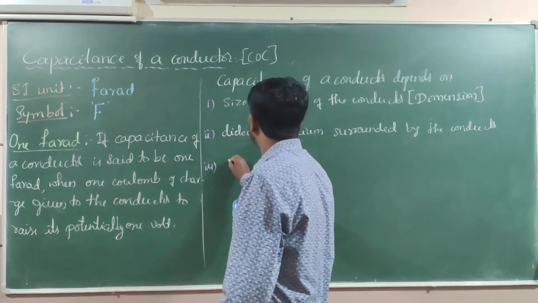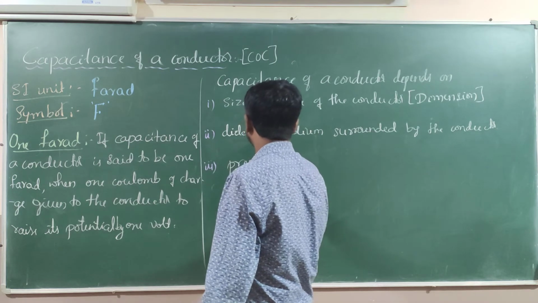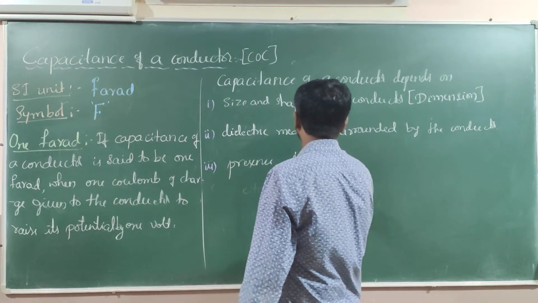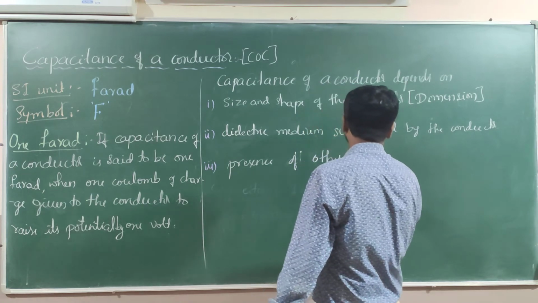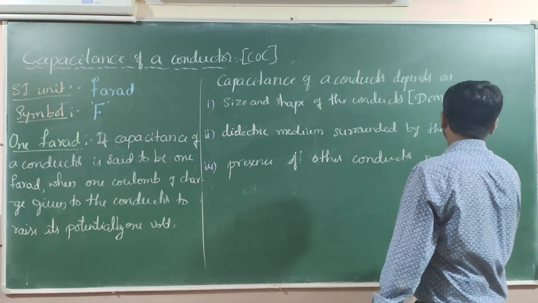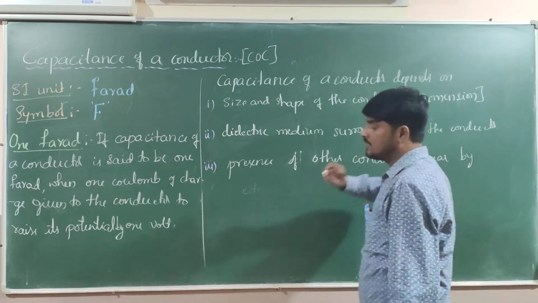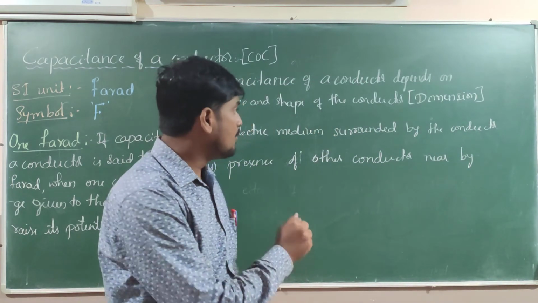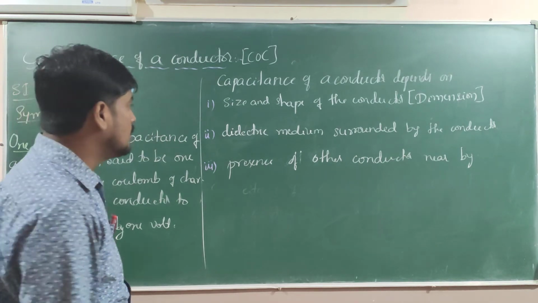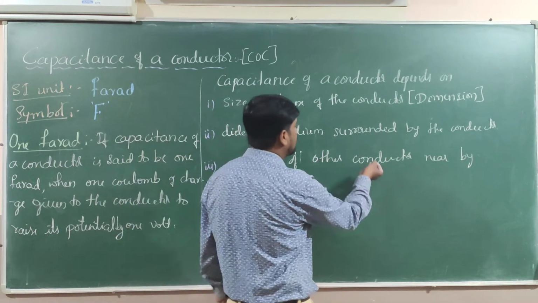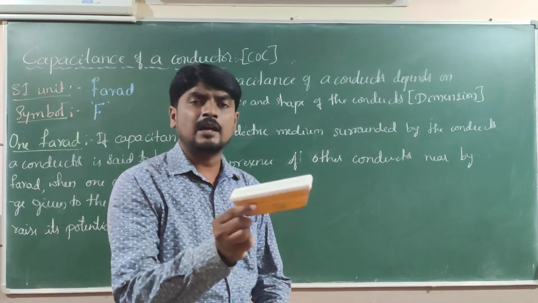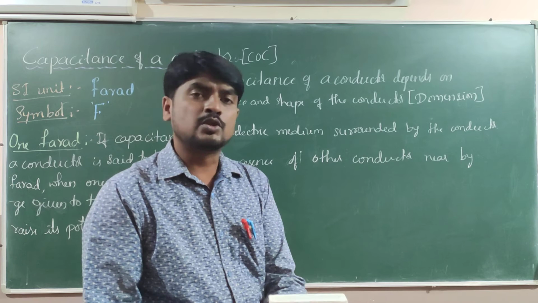And the third point is the presence of another conductor nearby. This is one more important point on which the capacitance of a conductor depends. What is the meaning of this? If I have placed one conductor in one medium, it already shows some capacitance.